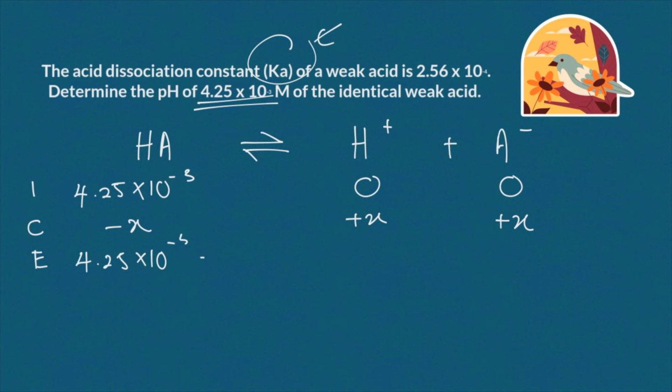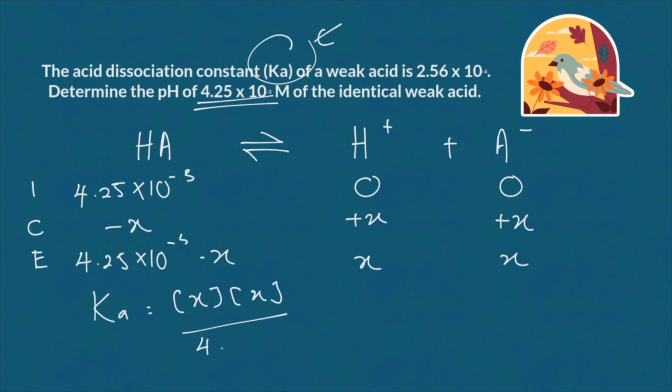So x and x. Your Ka should be equivalent to x times x divided by 4.25 times 10 to the power of negative 3 minus x. Right, given to you the value of Ka is 2.56 times 10 to the power of negative 4.